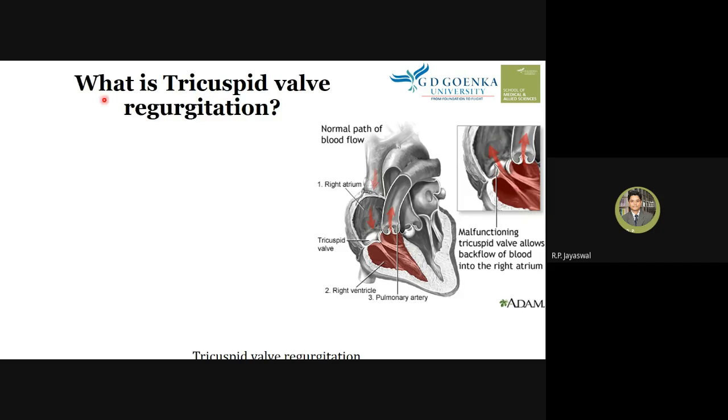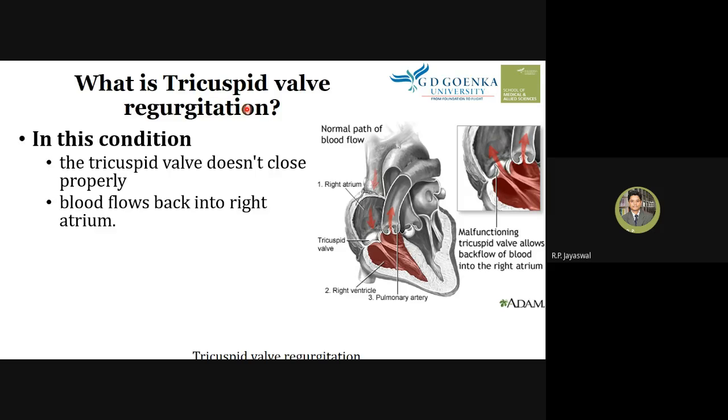This is called regurgitation. We can say this is the condition in which the tricuspid valve doesn't close properly. When the tricuspid valve doesn't close properly, once the blood goes to the right ventricle, because of inappropriate closing of the tricuspid valve, the blood leaks back and comes back into the right atrium.